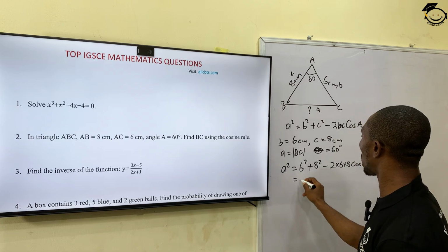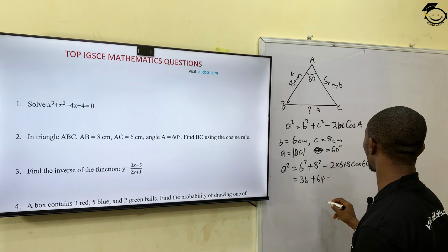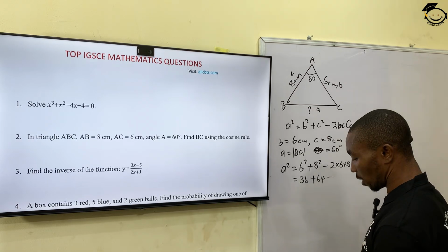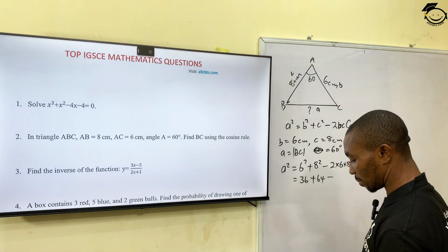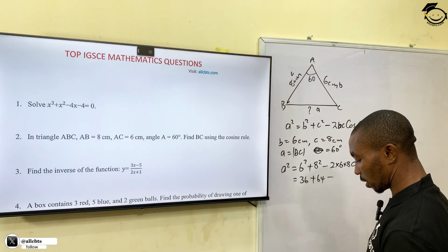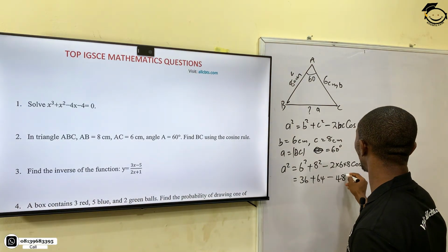All right, 6 squared will give us 36 plus 64 minus 2 times 8 times 6 times cos 60, which would give us 48.